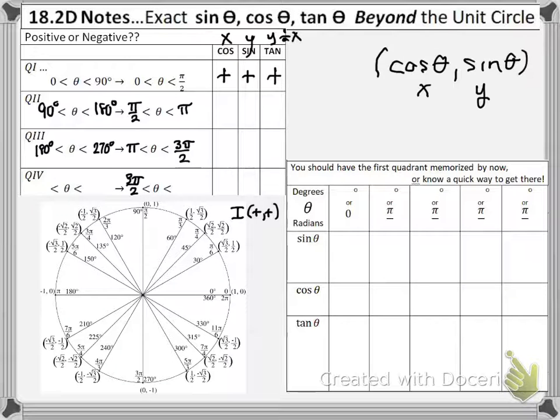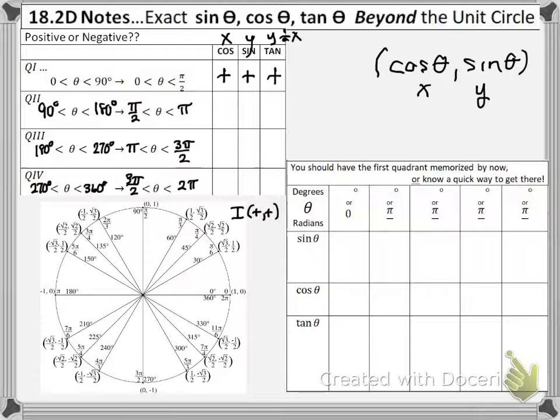Quadrant 4 starts with 270, which is 3 pi over 2, and goes up to 360, which is 2 pi. So 270 degrees up to 360 degrees, 3 pi over 2 up to 2 pi.